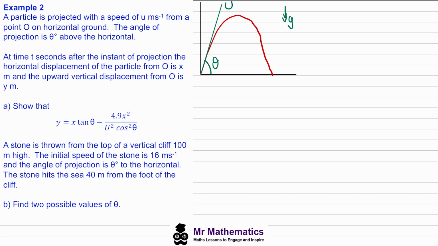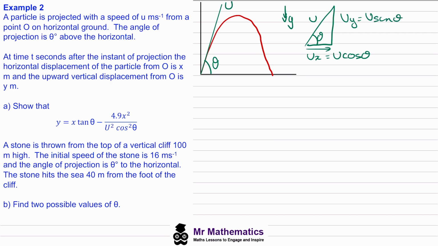So if we just have a look at this right angle triangle, when this is centered on the origin, we've got theta, we've got u. We'll call this the initial horizontal velocity, u times the cos of the angle. Our initial vertical velocity will be u sine of the angle.